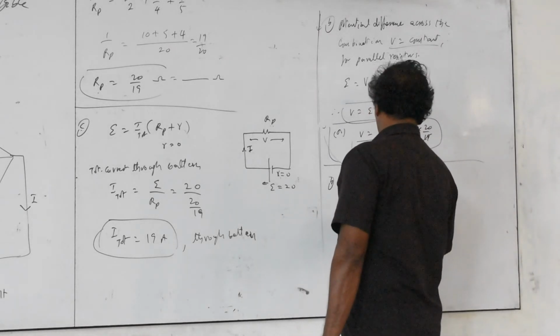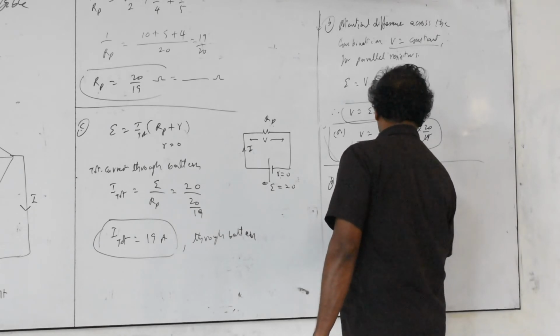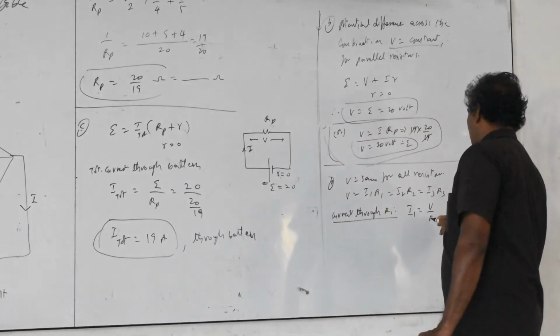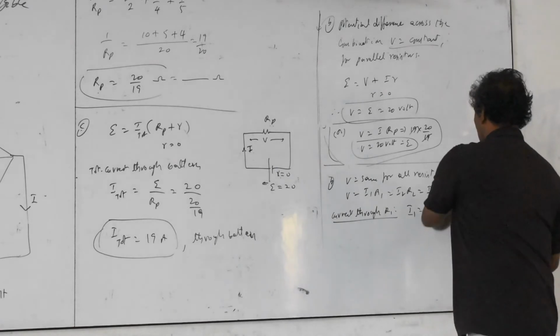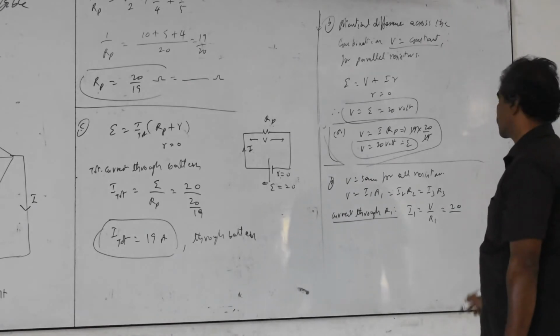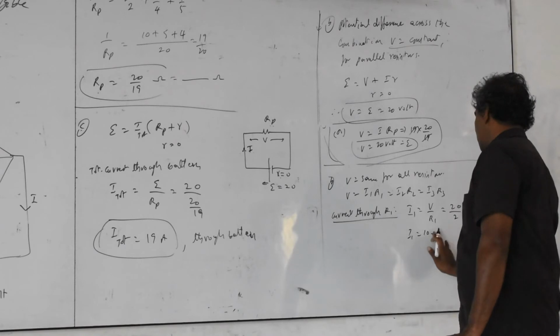First, if you take current through R1, it is I1. I1 is equal to V by R1. How much is it? V is 20 by R1. R1 is 2 ohms. So I1 becomes equal to 10 amperes.